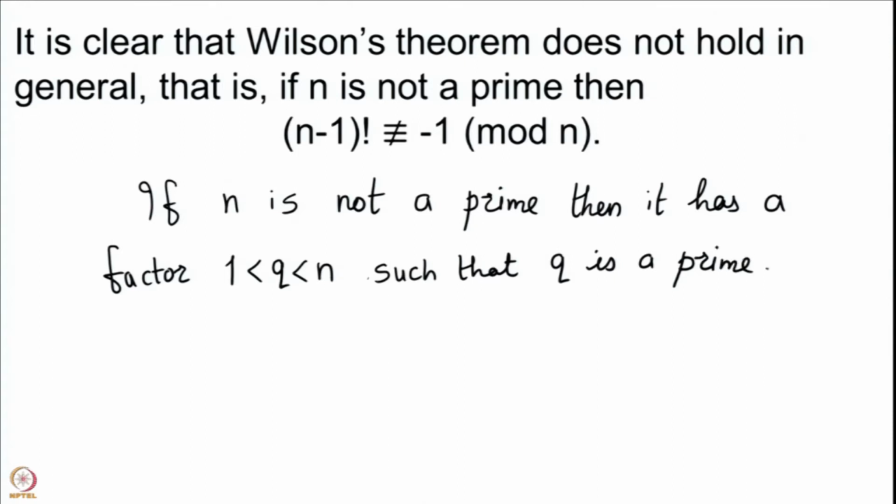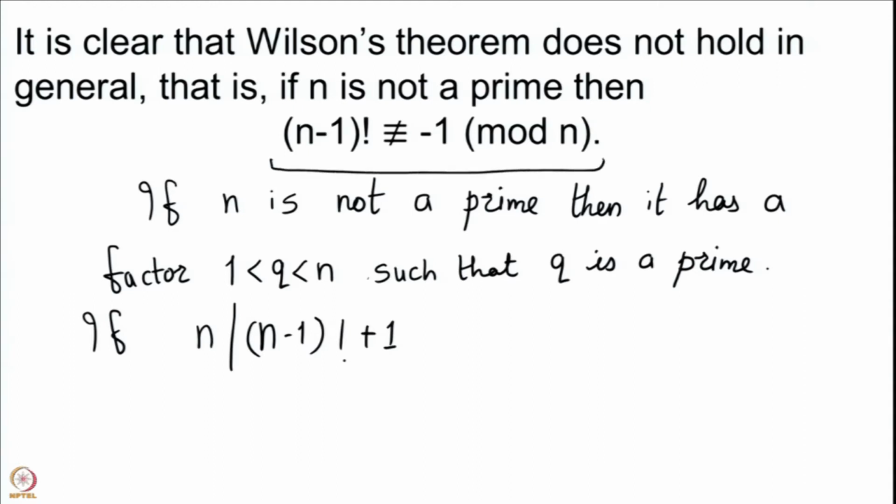Right. So, when you have this factor q, and suppose n divides (n minus 1) factorial plus 1, which is to say that this equation holds instead of not holding, then q divides this because q divides n.